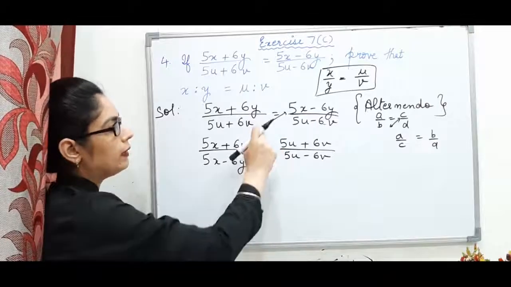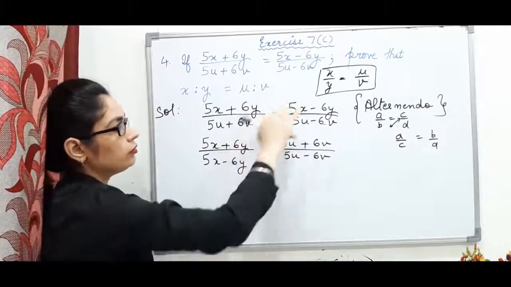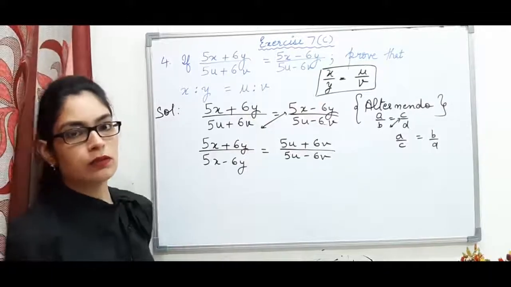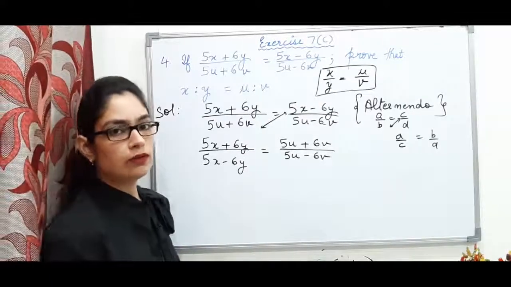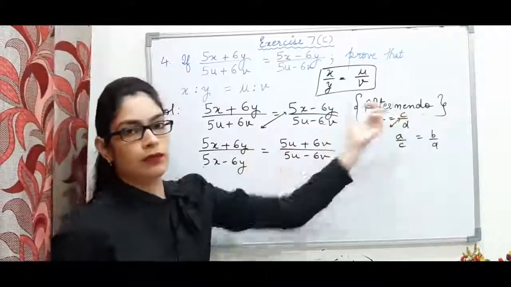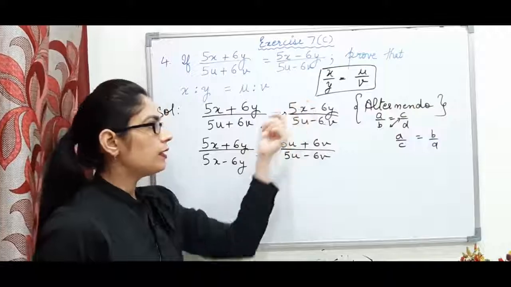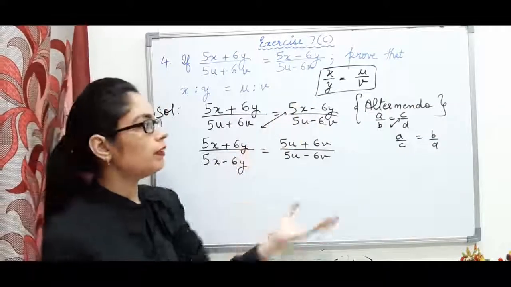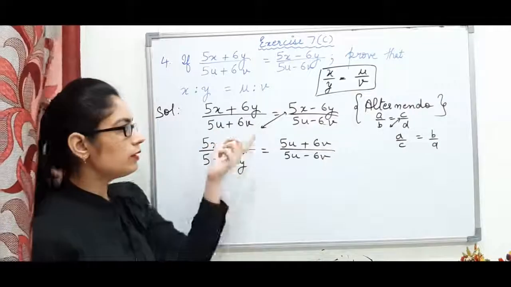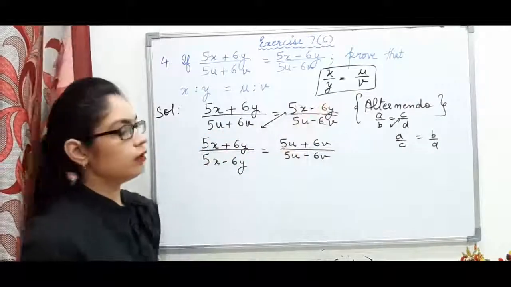Alternando I have applied. Alternando means interchange of these two expressions. It is just like cross multiplication, which we were doing while solving equations. So they have given the name alternando to this property; basically we are just interchanging their positions.